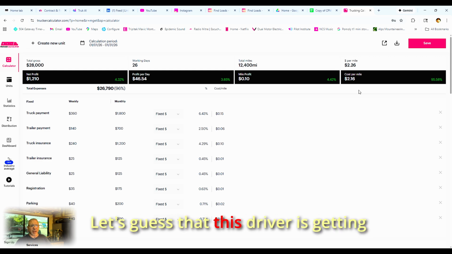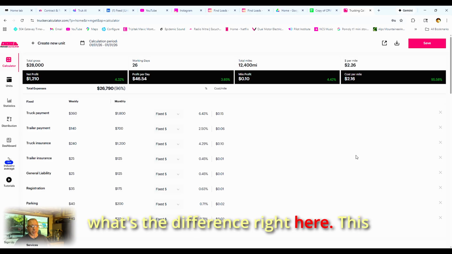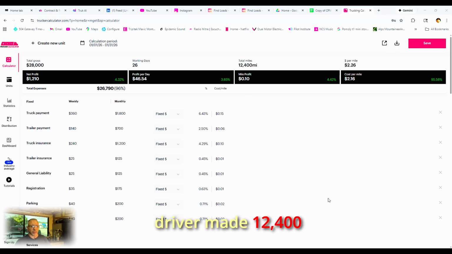So what happened now? Let's guess that this driver is getting money, let me pull up my calculator, at $2.16 per mile. Okay, what happens if I can find loads at $2.50 or $2.80 per mile? Let me show you what's the difference right here. This driver makes 12,400 miles times 2.26. That's the average.